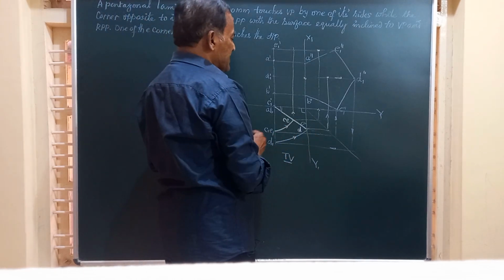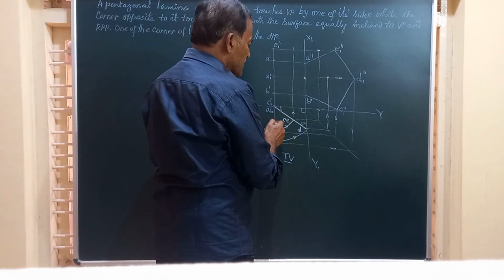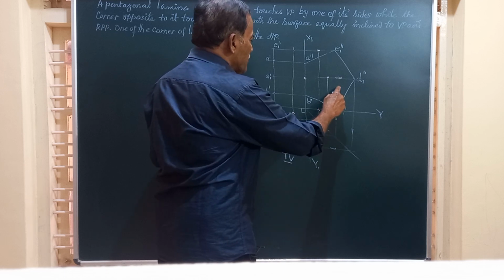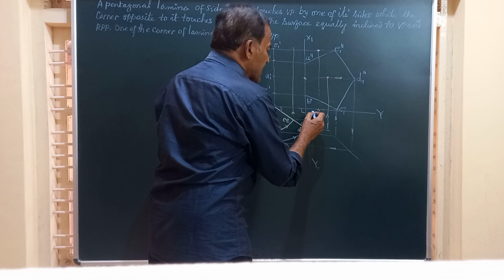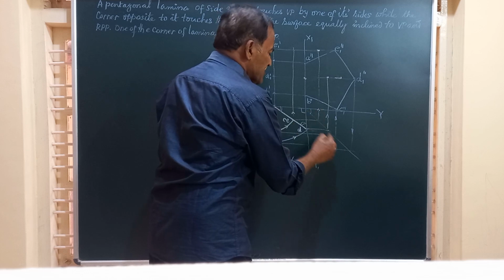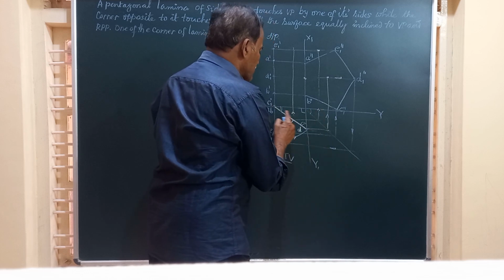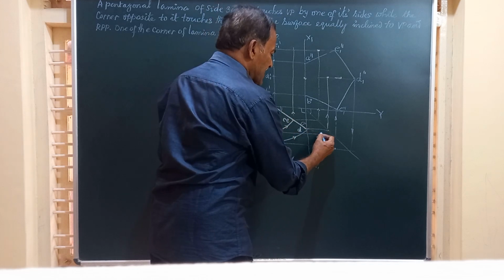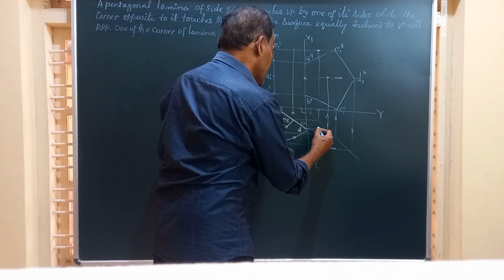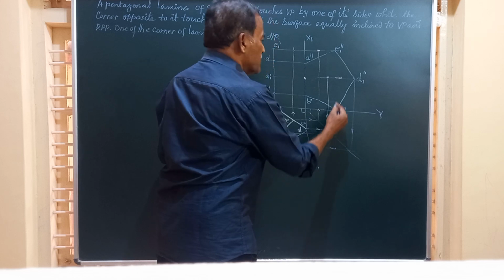Friends, after getting this, let us get the corresponding end view and the front view. So I want to get the end view. What I do, I write a line at 45 degrees here and shift all these points A, B, C, E and D onto this line, and from there I am going to shift them to the end view.